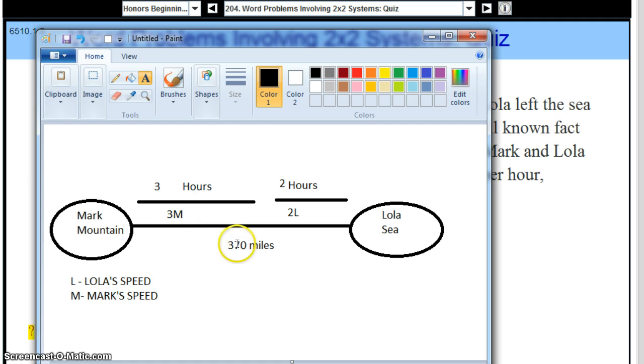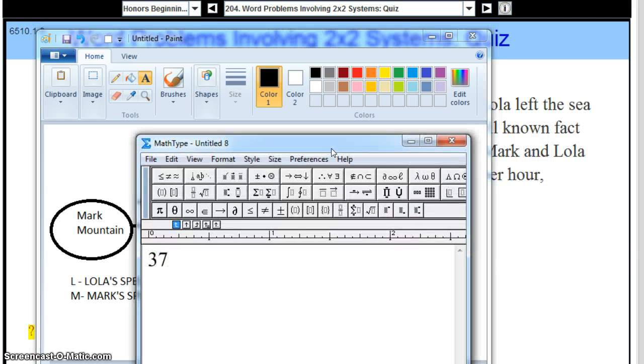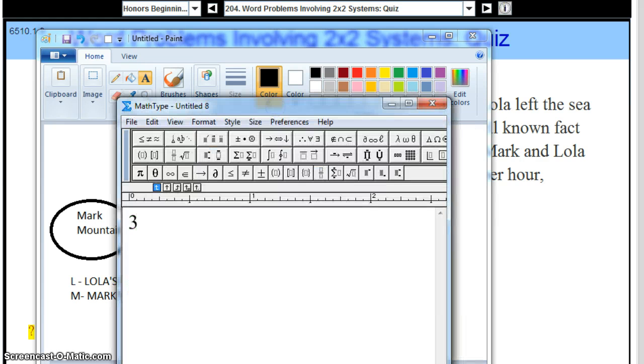His distance plus her distance is 370 miles. So we've got an equation there: 3m plus 2l equals 370. Okay, so that's one equation, right?